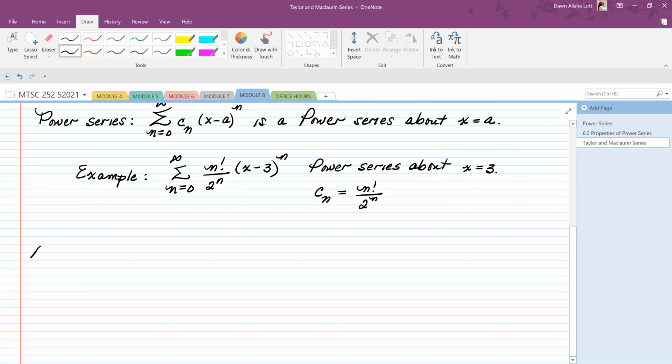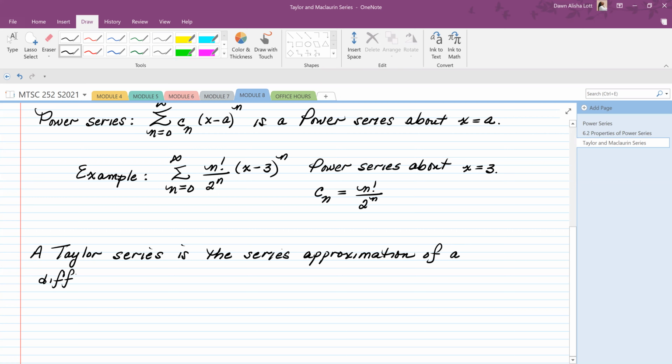A Taylor series is the series approximation of a differentiable function f of x.